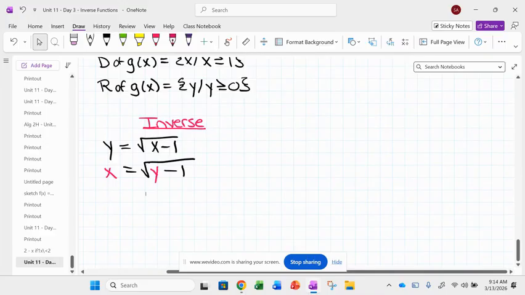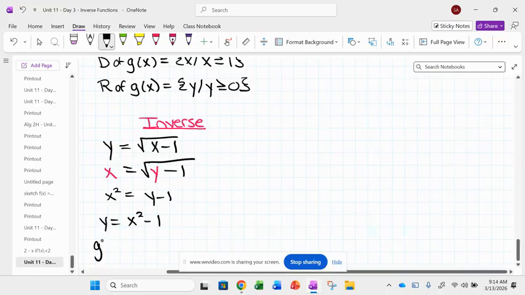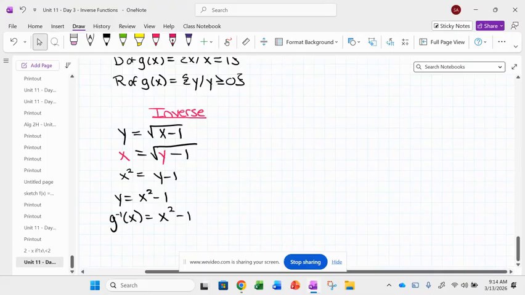And now we're going to solve for y. So to get rid of that square root, I have to square both sides. So I have x squared equals y minus 1. And then I'm going to add that 1 over. So y is equal to x squared plus 1. So now we have the inverse function of g of x is equal to x squared plus 1. Oh, sorry, it's plus 1. Thank you for that catch.